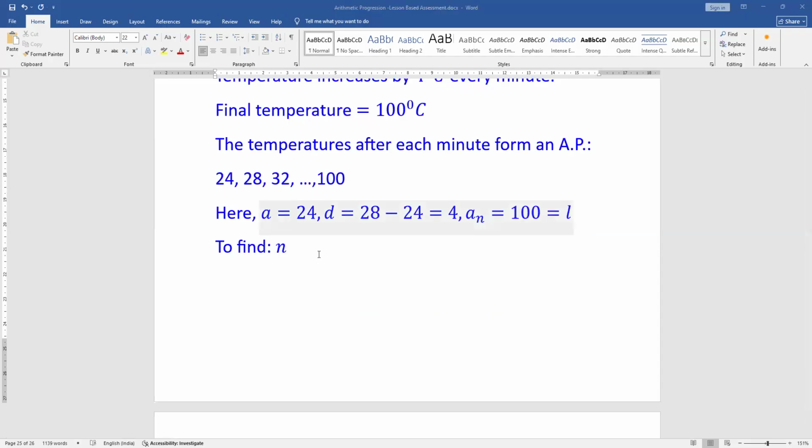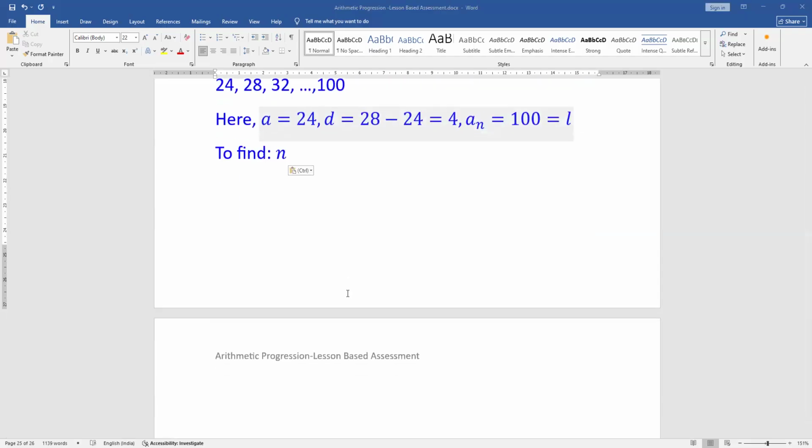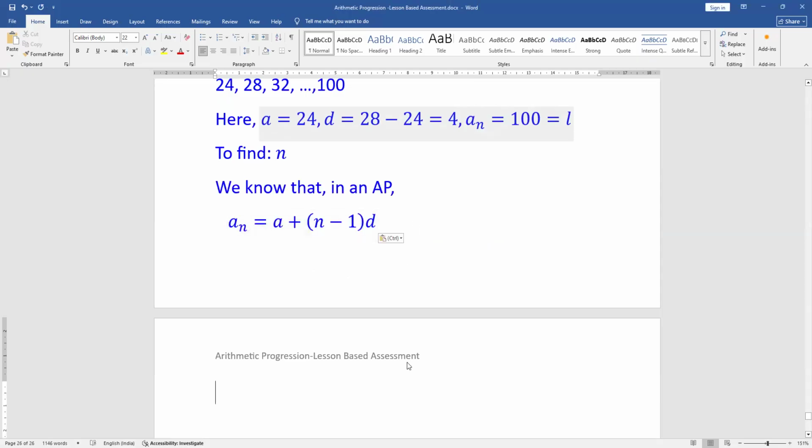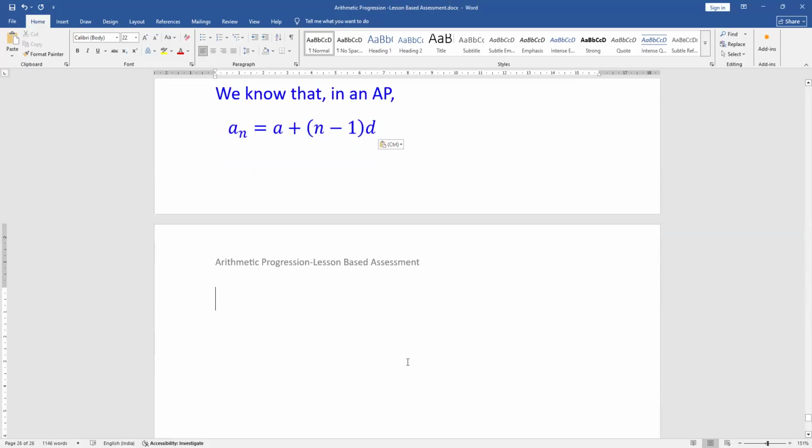Then I'm going to use a formula. We know that in an AP, a_n equals a plus n minus 1 into d. Okay, so a_n equals a plus (n minus 1) into d. I write that formula. Then, as usual, we do the substitution. Just take down the same formula here.